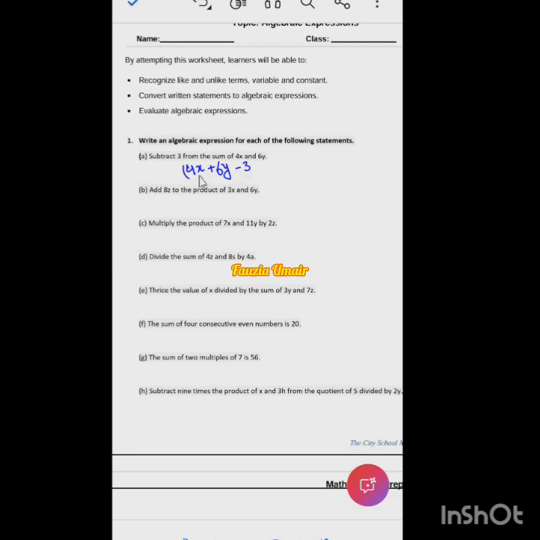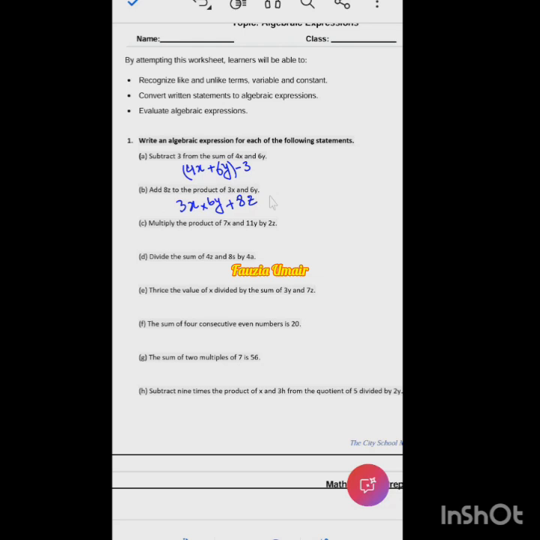So we should put a bracket also, or that was also fine. Next: add 8z to the product of 6 and 3x and 6y. 3x multiply 6y plus 8z, right? So the next one is: multiply the product of 7x and 11y by 2z.